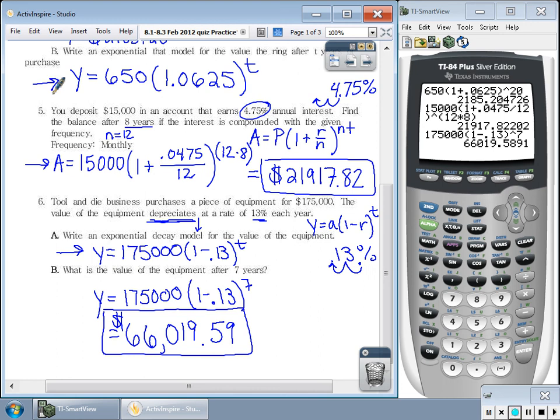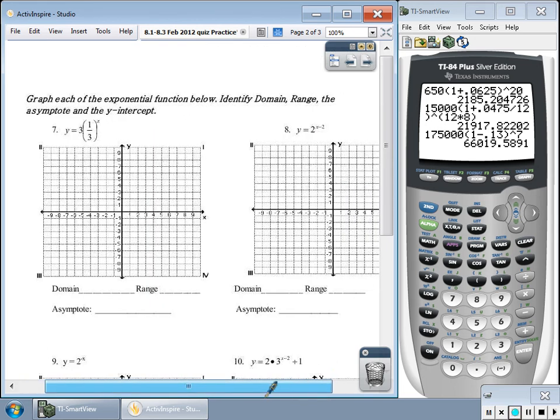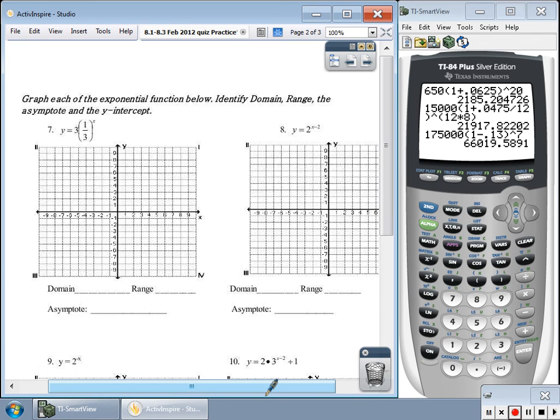All right, last page that we have to do is all about the graphing. Now, it's going to be very important for you to remember, okay? Vanilla exponential. We have to remember that the domain is all real numbers.